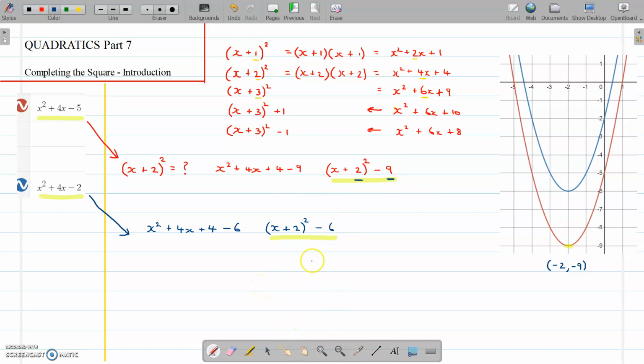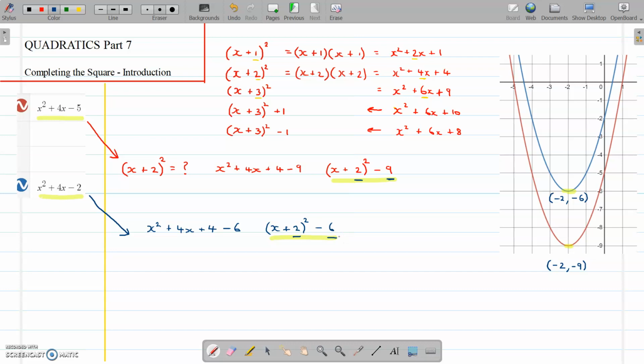Right, now we look at the minimum point on the blue graph, and we see that it's there, and it has coordinates -2, -6. And we look at the completed square form of the blue curve, and we notice a 2 and a 6 there.